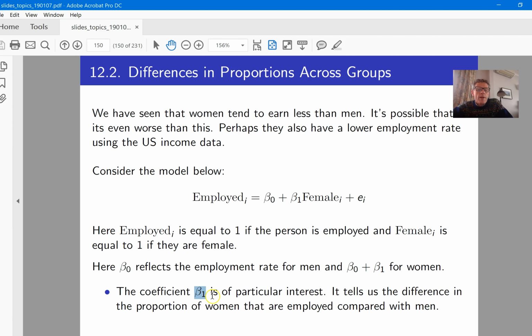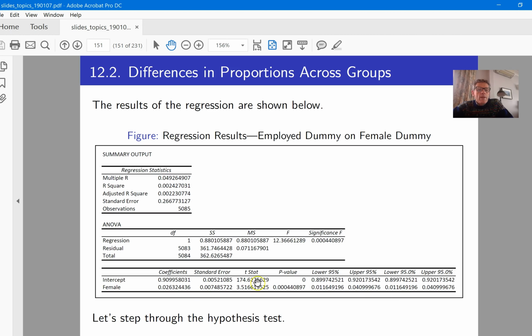So it's the same idea intuitively, but instead of estimating a mean in each case, you're now estimating a probability of being employed, or a proportion or percentage of outcomes. And so we're asking the question by looking at the slope coefficient. Asking whether the slope coefficient is 0 is the same as asking whether the employment rate for women is the same as the employment rate for men.